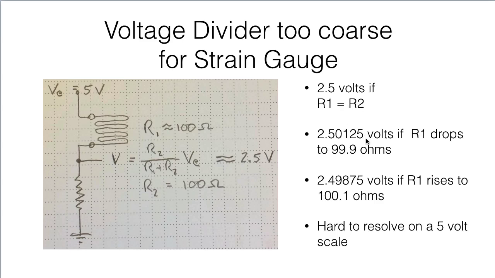If we see a small change in the resistance R1, we might go a little bigger than 2.5 volts or a little smaller than 2.5 volts. But to see what's going on here, we'd have to be measuring out at the 4th decimal place. And that's going to be difficult. So really hard to resolve if we're measuring on our 5-volt measurement scale on our multimeter.